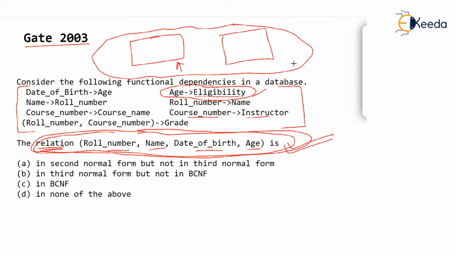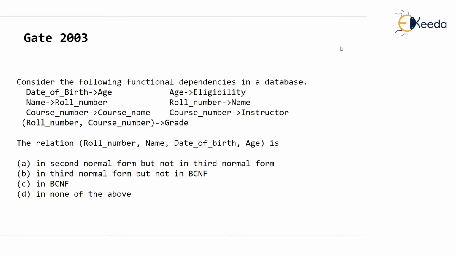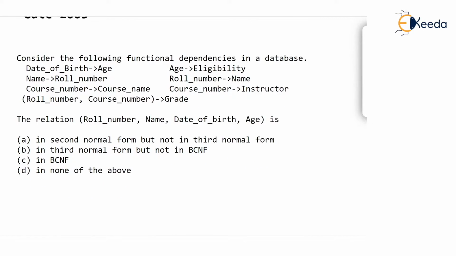You cannot consider this dependency when you are talking about this table. So we will select only those dependencies which include roll number, name, date of birth, age, because those are the attributes in our relation. So let us first filter out which dependencies we are supposed to bother about.